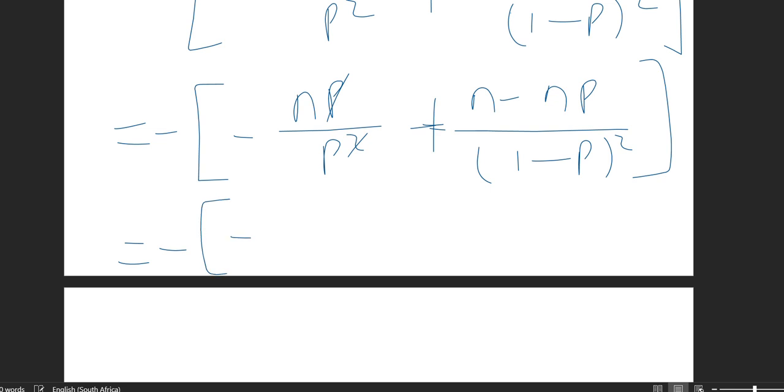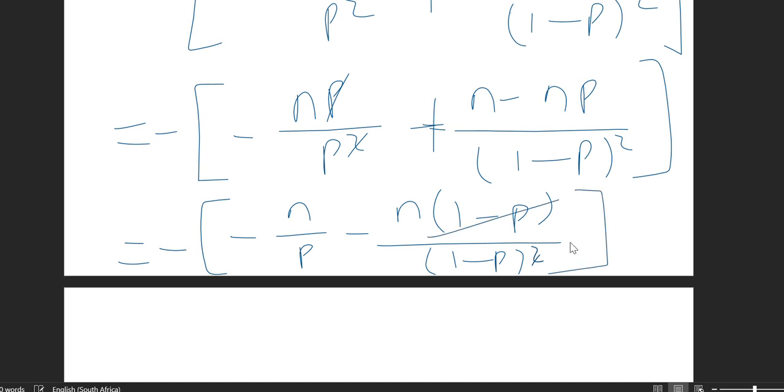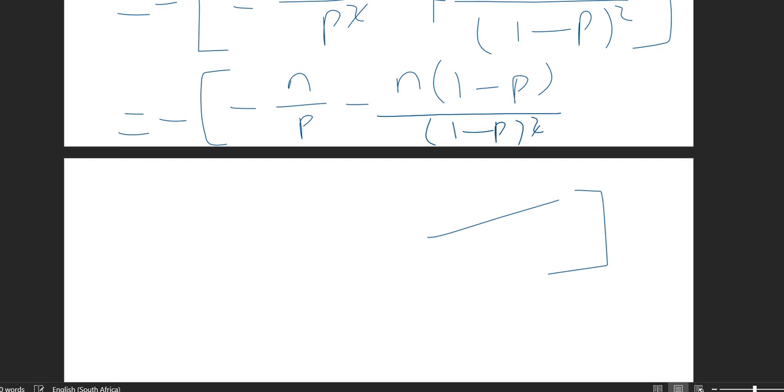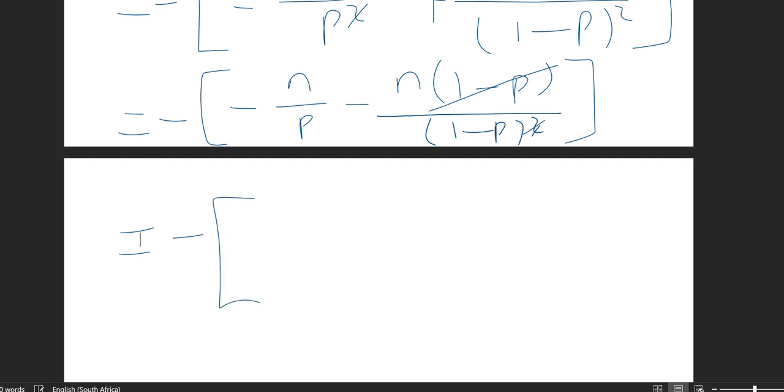Now this will be negative n divided by p plus n, take out the common factor 1 minus p divided by 1 minus p all squared. Now we are gonna have negative into negative, np divided by p, and then n divided by 1 minus p.